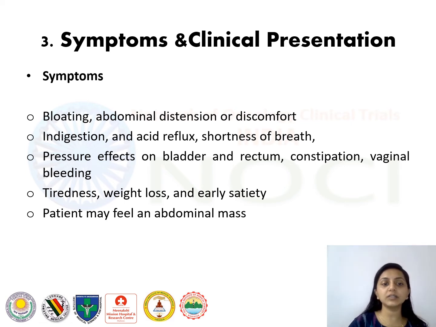Apart from these, when the mass is so large, it can cause pressure effects on bladder and rectum and eventually cause symptoms like difficulty in passing urine or increased frequency of passing urine, constipation, other symptoms like vaginal bleeding, also tiredness, loss of weight, loss of appetite, and early satiety.